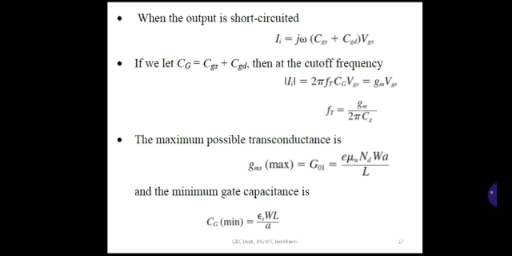The maximum possible transconductance is gms max.